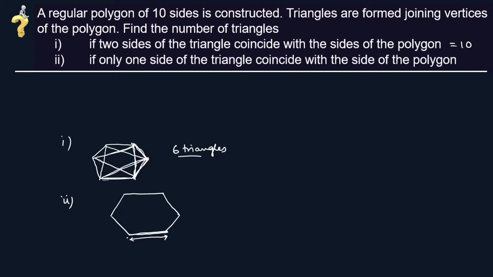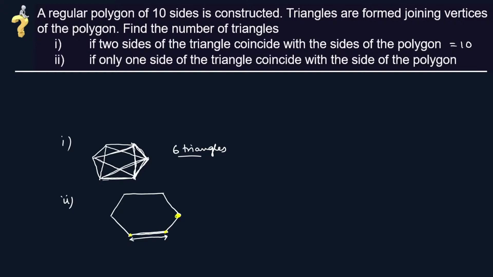Now if I consider this side, then I cannot join these 2 points with this point. Let me change the color of the pen. We cannot join this point with these 2 points. Why? Because if I join it, it will become a triangle whose 2 sides coincide with sides of the polygon. That I don't want. I want exactly one side to coincide with a side of the polygon.